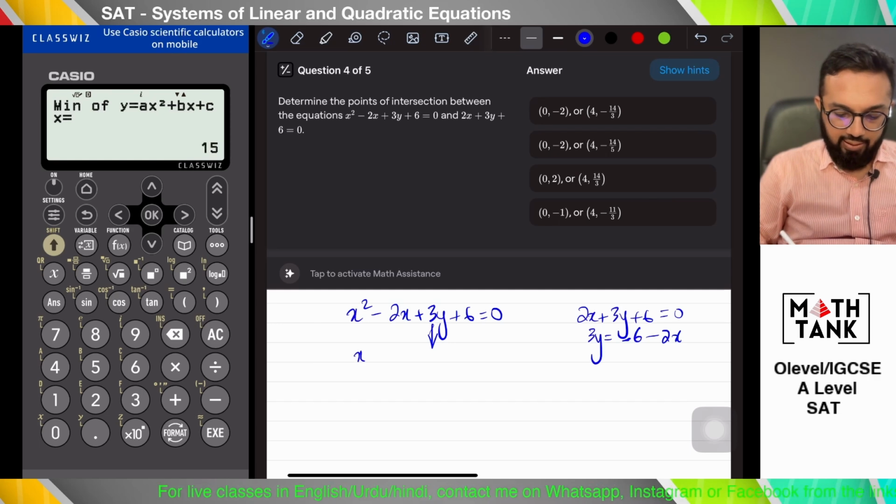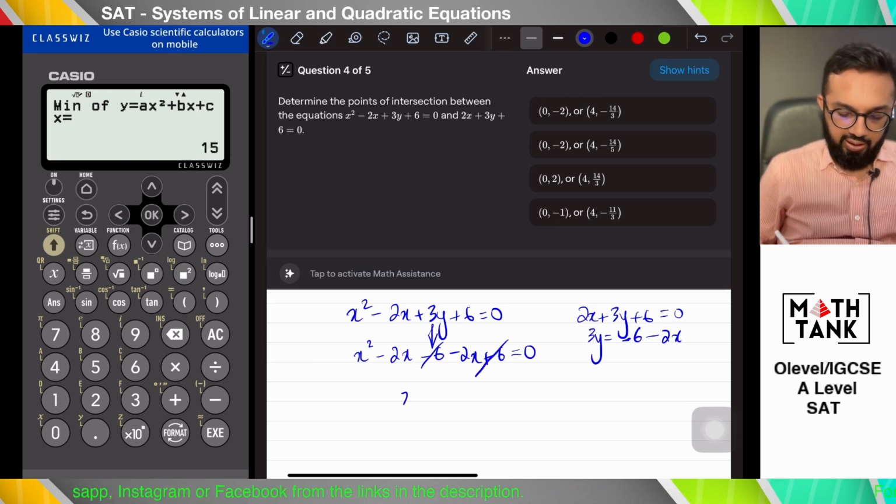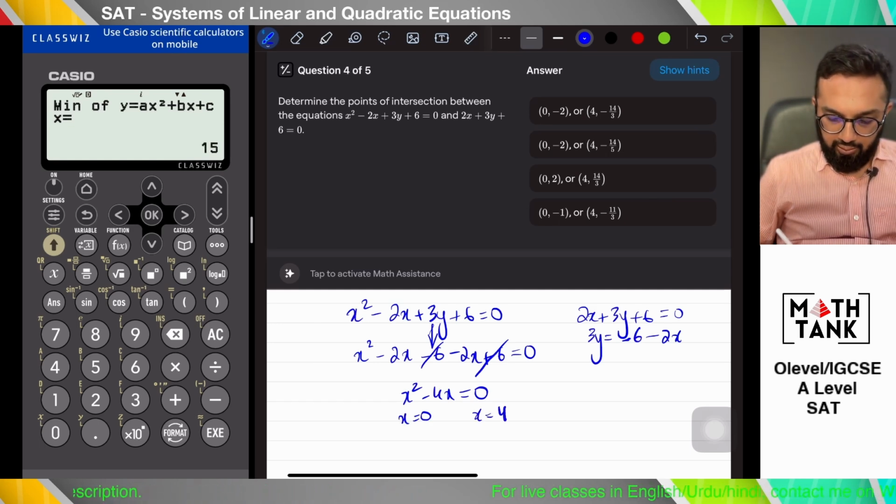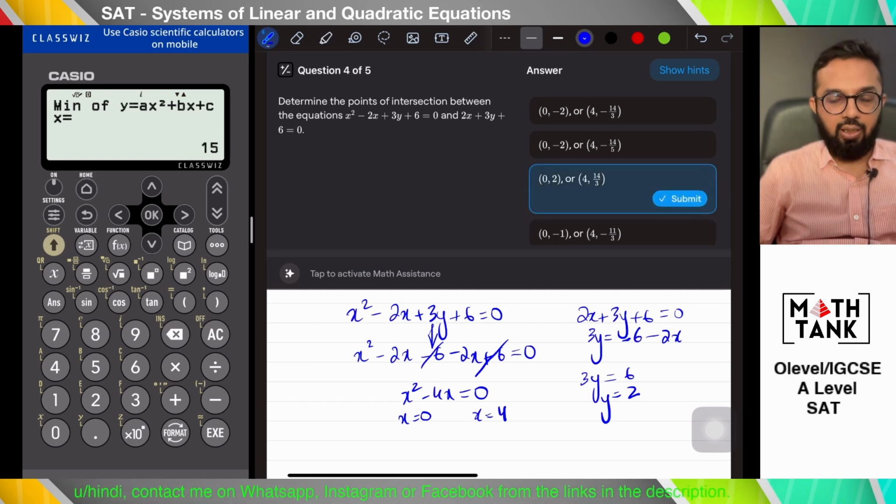And we'll just replace that here. So you see, I made this question easier. I get x squared minus 4x. So x equals 0 or x equals 4. And when x equals 0, y equals 2. Okay, and that should be the correct answer.